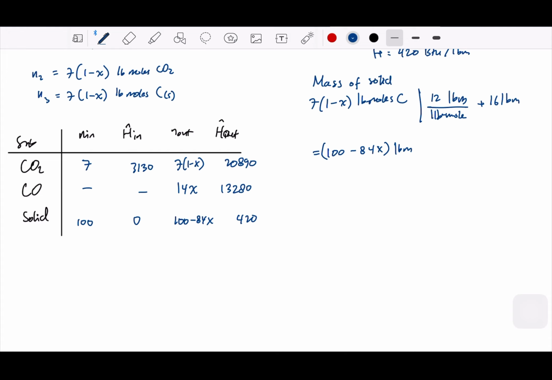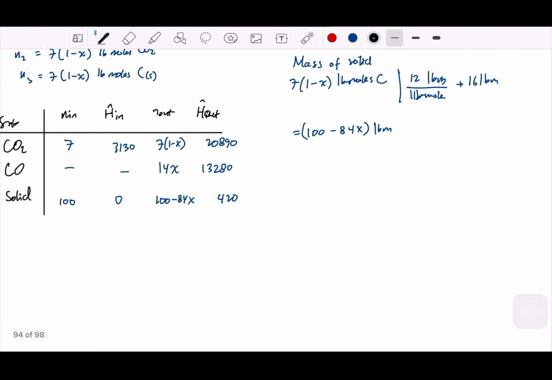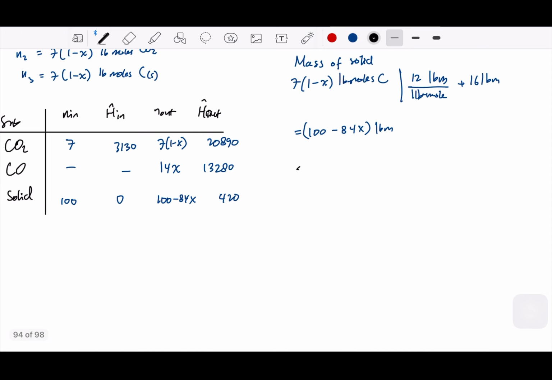We take the extent of reaction. This we get from the moles of carbon monoxide.